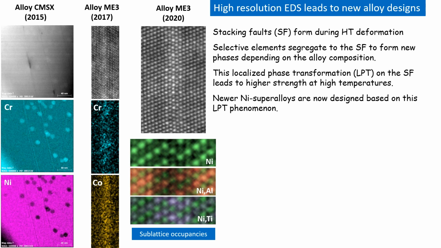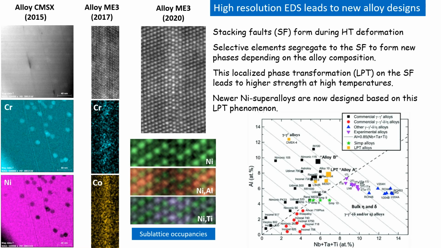In the top image, ME3 to 2020, you can see the stacking fault where you can see the heavier elements glowing against lighter atoms. And now we are in a position to see what atoms are segregating and where. And it's segregating to a three or four atomic spacing level.